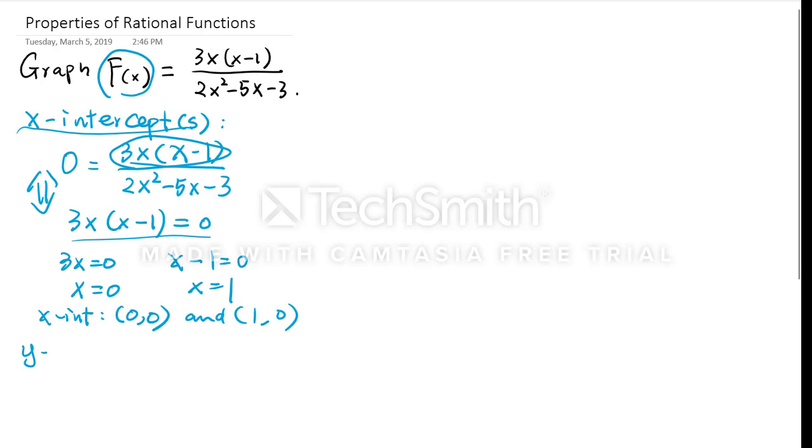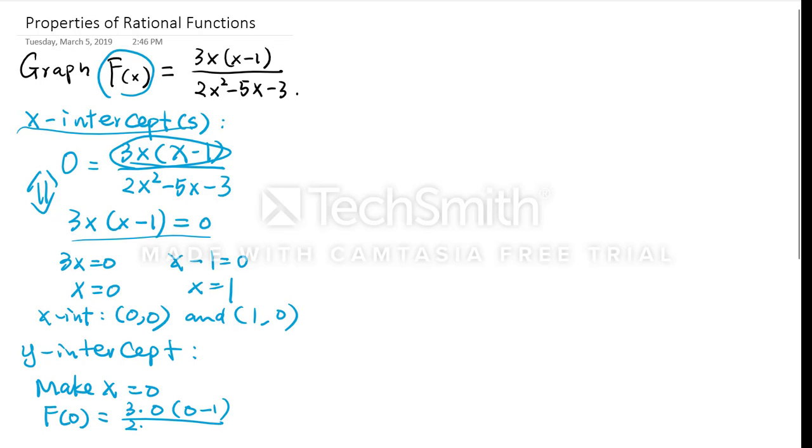Then we want to find the y-intercept. Okay, so if it is a function, there's only one y-intercept. Well, to find the y-intercept, you want to make x equal to 0. In this case, you want to find what is f of 0, which is 3 times 0 minus 1 over 2 times 0 squared minus 5 times 0 minus 3.